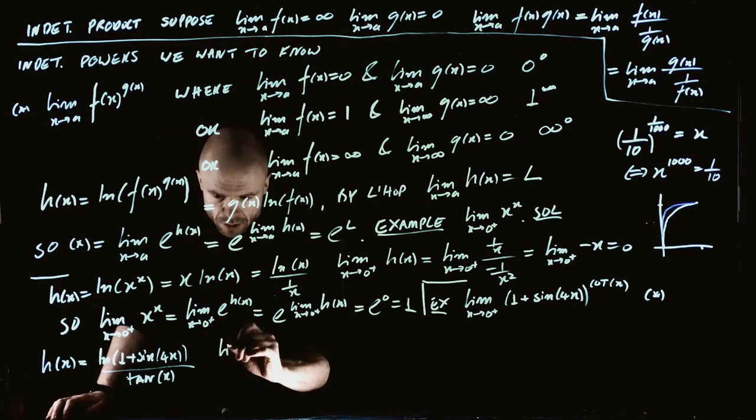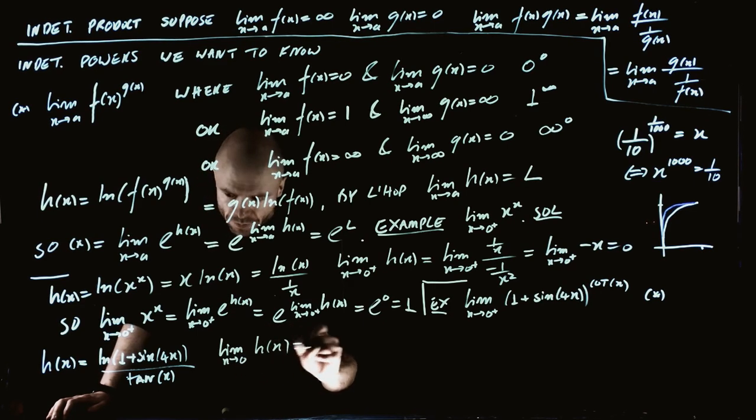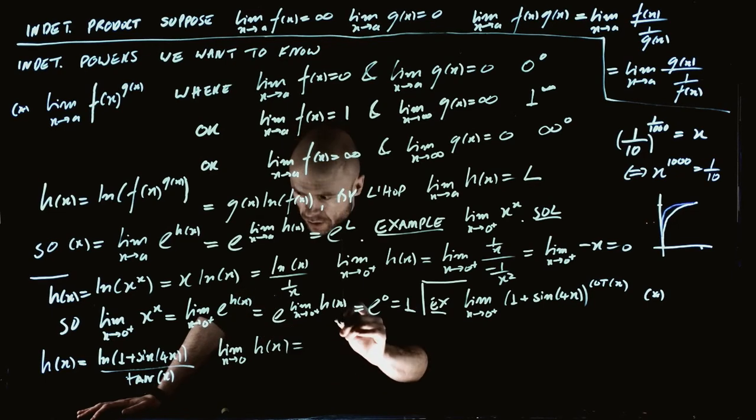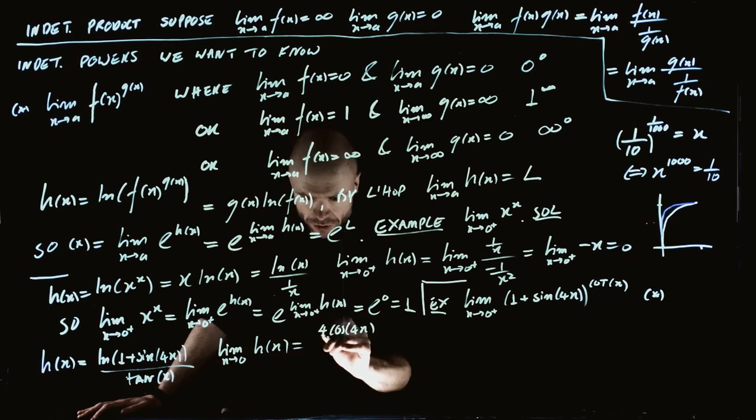So the limit as x tends to 0 of h of x: differentiate this guy. So we're going to have 4 cosine of 4x, differentiating the inner function, over this thing here, because we're applying the chain rule.